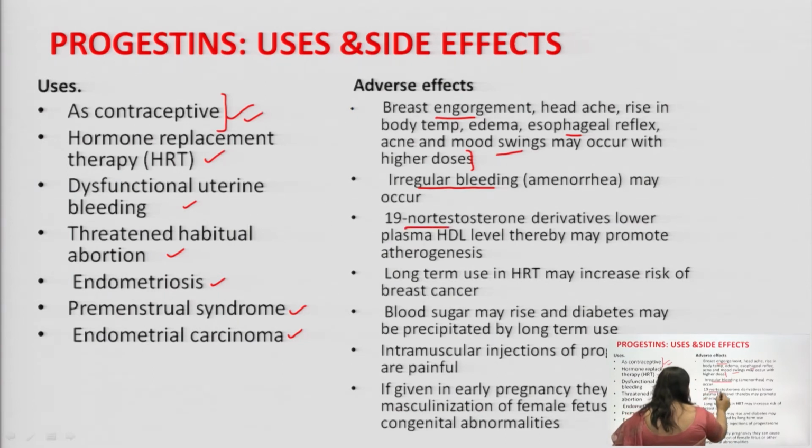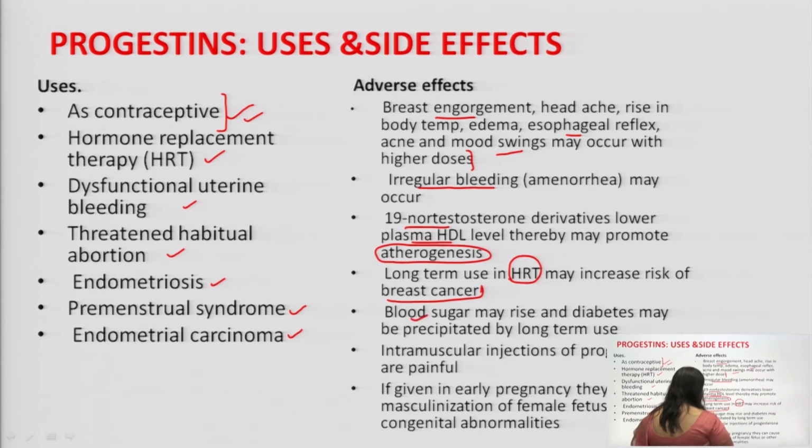Then these 19-nortestosterone derivatives can lower plasma HDL level and promote atherogenesis, so atheromatous plaques can be formed, and long-term use in hormone replacement therapy can increase the risk of breast cancer.